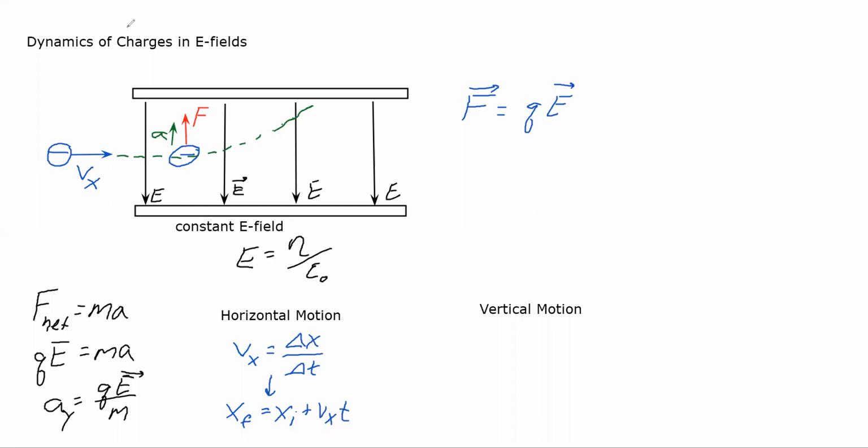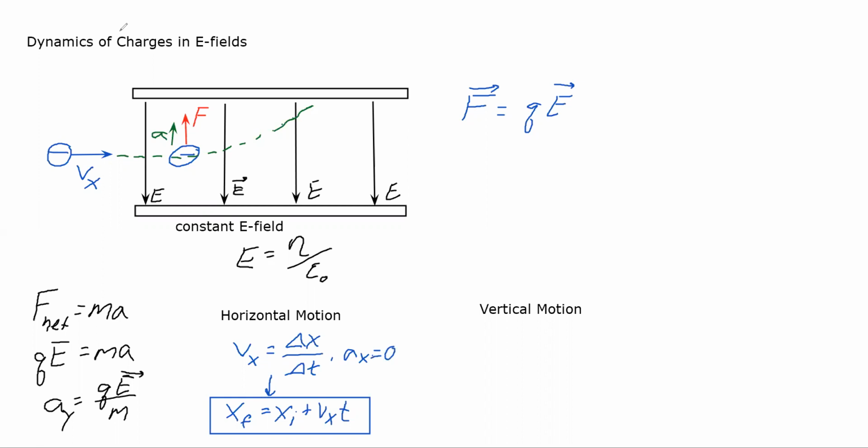Delta t is change in time, but if your initial time is 0, which it typically is, just put it as t. So that's pretty much the only equation we have going on for the horizontal motion. There's no acceleration in the horizontal, right? I could even add to this ax equals 0.